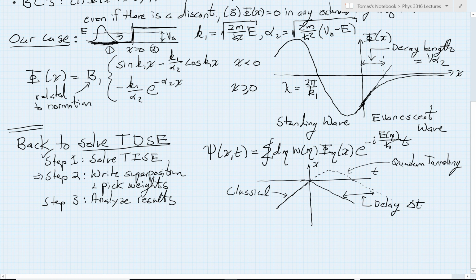What we're expecting quantum mechanically, and now we're beginning to see the first inklings of this, is that this particle can actually be found in that forbidden region. So we're expecting the trajectory of a wave packet to actually be able to go past this interface and enter the classically forbidden region.